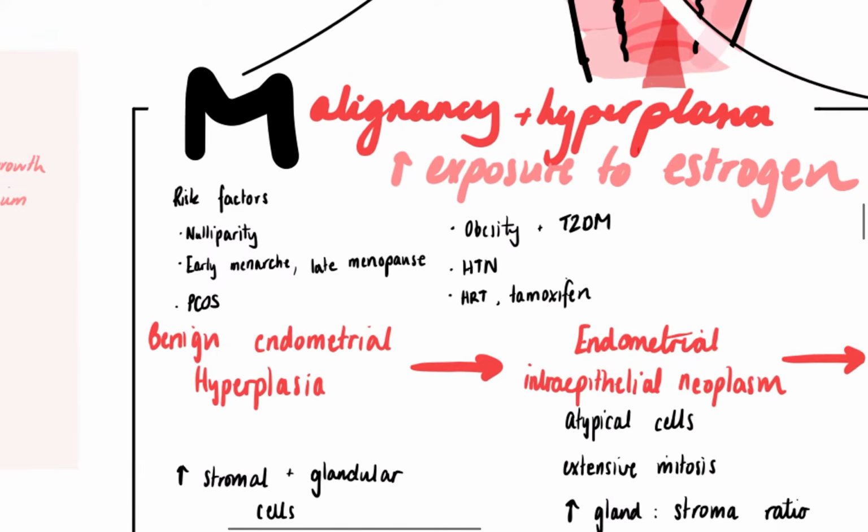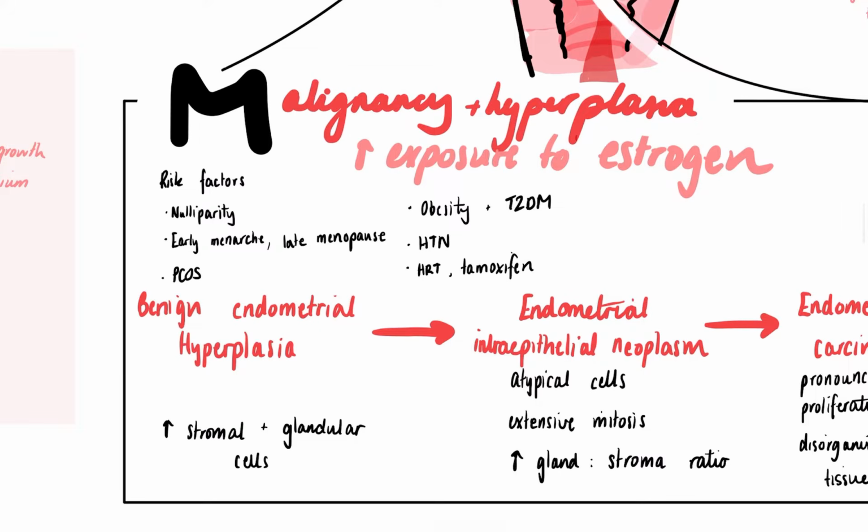Risk factors for increased exposure to estrogen include nulliparity, which means never having been pregnant or given birth before, early menarche and late menopause, which means that you begin your menstrual cycle early and end it late, so overall you've had a longer period of time exposed to estrogen over your lifetime.